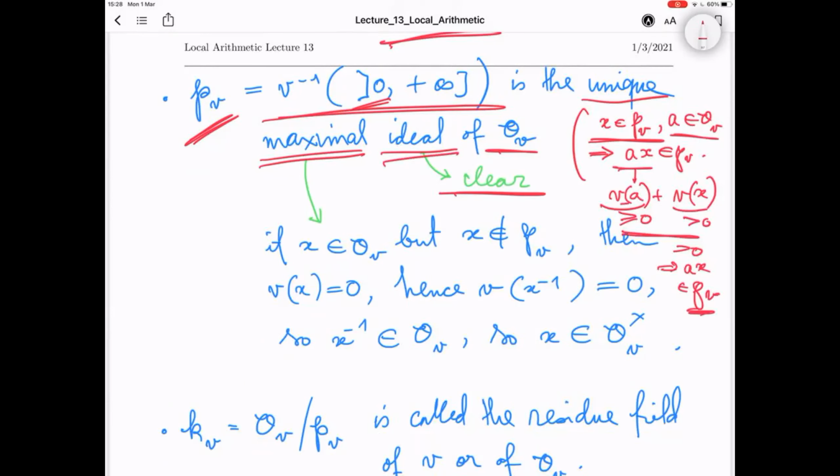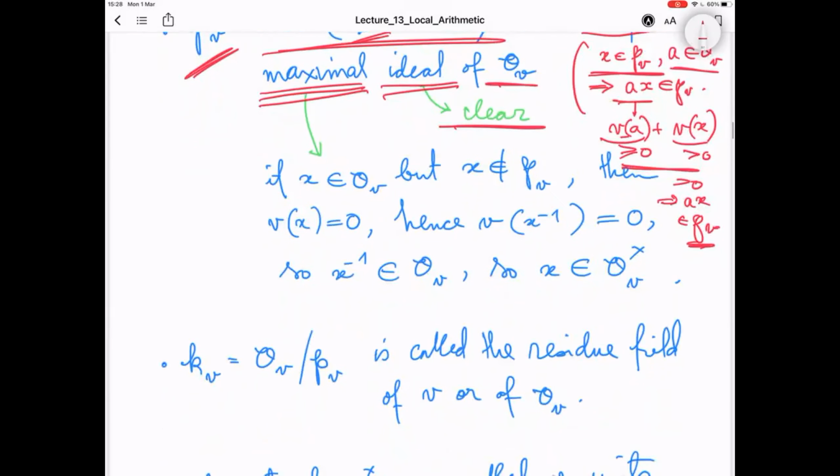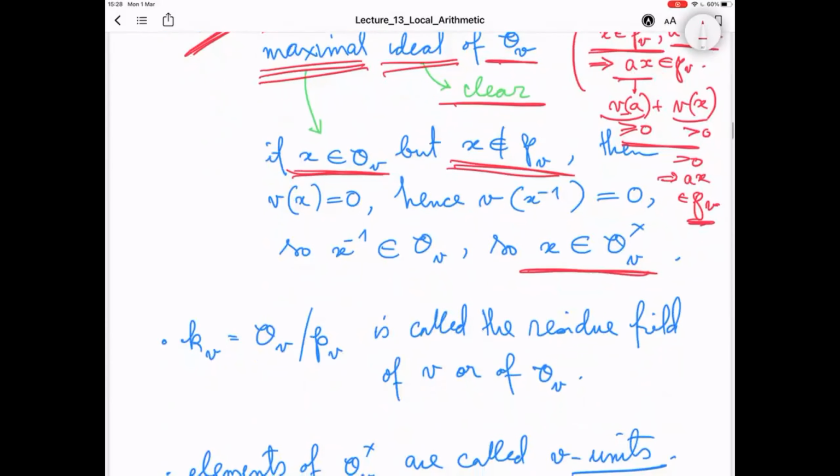Now I want to show that it is a maximal ideal, which will follow from the fact that if I have an element of the ring which is not in this ideal, then it's actually invertible. That's enough to show that it's a maximal ideal. So how do I show that it's invertible? If it's in the ring but not in this ideal, it means that its valuation is 0.